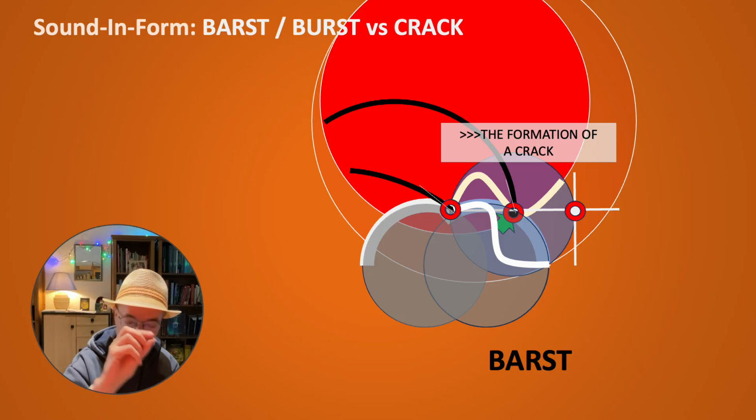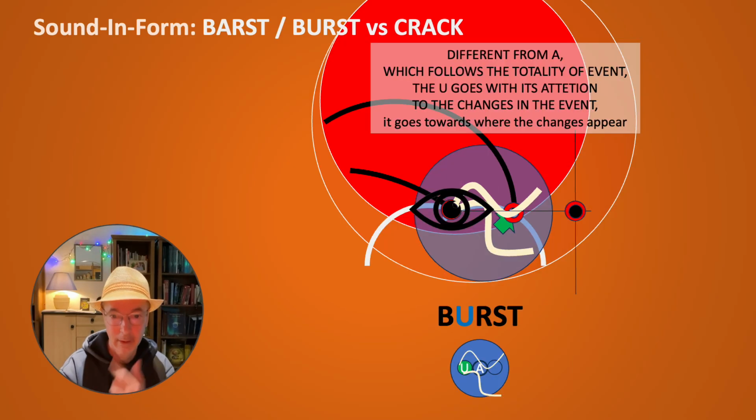It's focusing upon one of these parts where you have that function that something is breaking everywhere. So it can be the small parts as well. Burst is with the U, so the U focuses not on the totality of the event, as the A does, with BARST being all the cracks together.